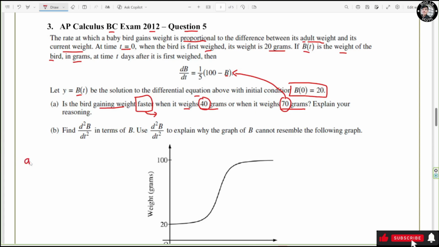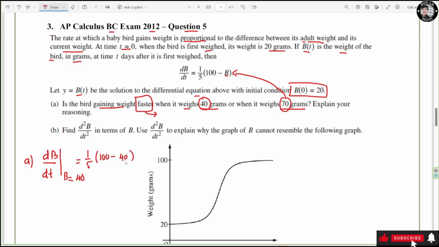So I have question A. Now you have dB over dt when B equals 40. It's going to be 1 over 5 times 100 minus 40, right?